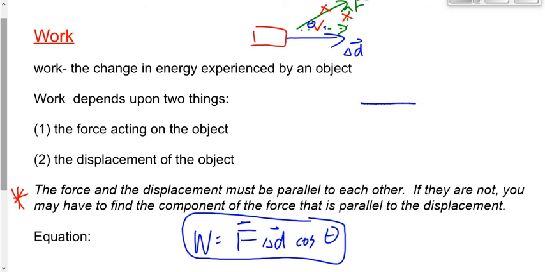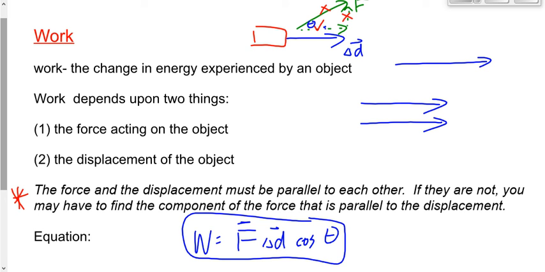What if the object moves this way and I apply a force this way? What's the angle? The angle between the way that it moves and the way that I apply the force. What's the angle there? 0. What's cos 0? 1. So the equation becomes F times D, right?